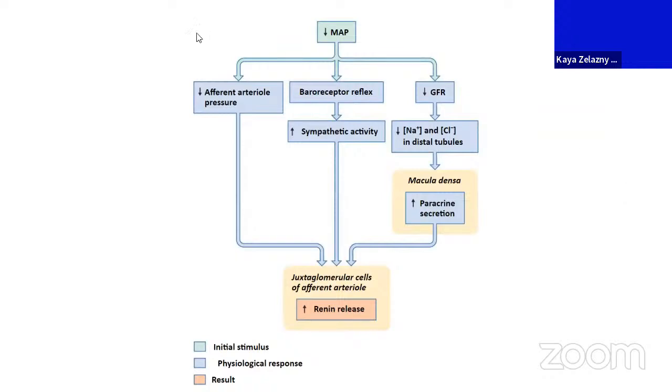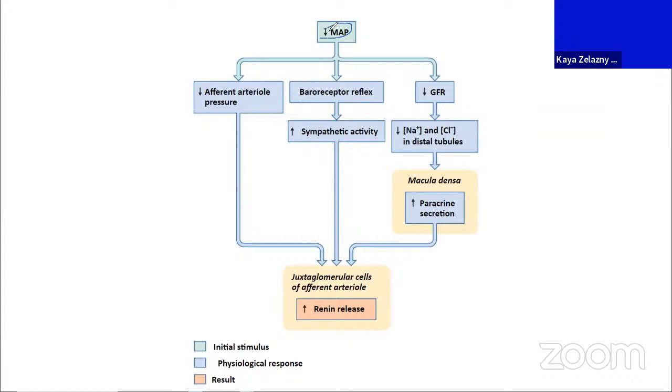And all of this is going to end up being an adjustment on blood pressure. So here we can see that if your mean arterial pressure drops, this is triggering the baroreceptor reflex. So that's that sympathetic activity kicking in, which is going to tell those juxtaglomerular cells to release renin, right? We have that drop in afferent arterial pressure, which really would be due to a drop in mean arterial pressure or a drop in plasma volume. Same thing, it tells you to release renin.